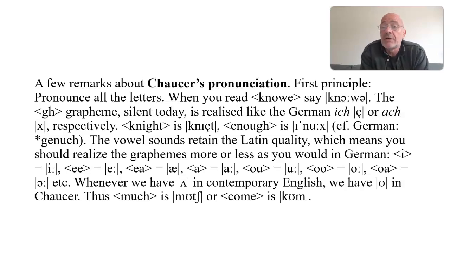Generally speaking, on a footnote, we write Middle English today and pronounce Modern English, which means that all those inconsistencies in spelling today, most of them, 99% of them, are due to the fact that we speak Chaucer's English and pronounce it in a completely different fashion.